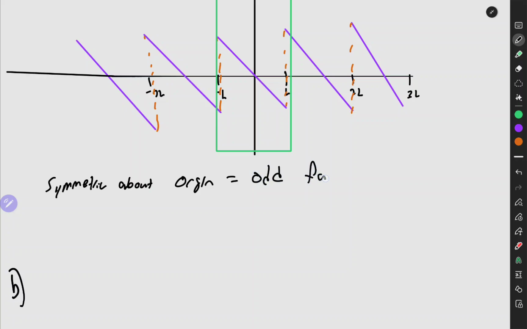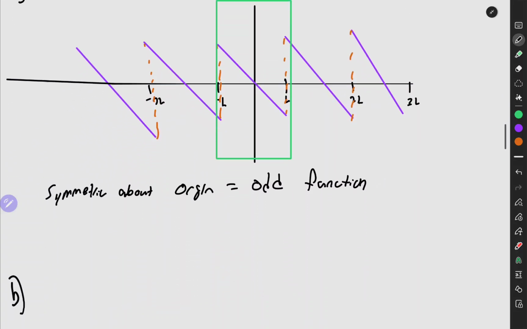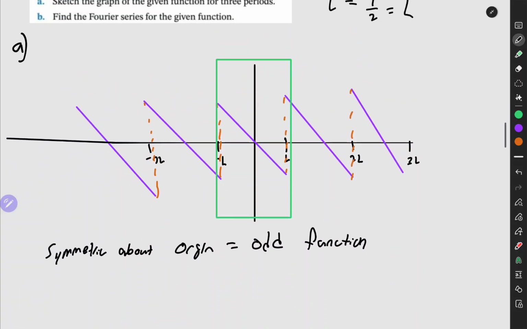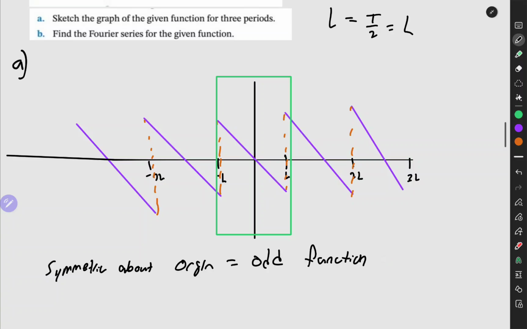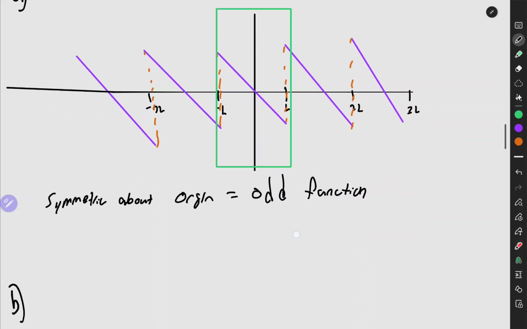We know it's odd because it's negative x. Well, it's just x. x is always odd. So we know it's an odd function by looking at the graph as well. You can also just look at the function and see it's odd. You don't even have to graph it, but it's good to graph it.